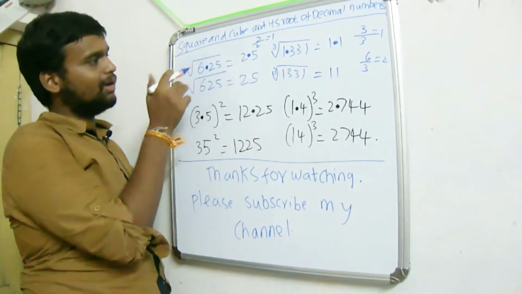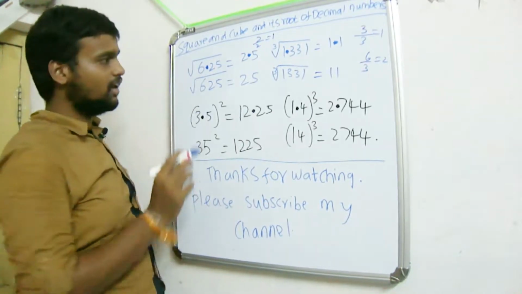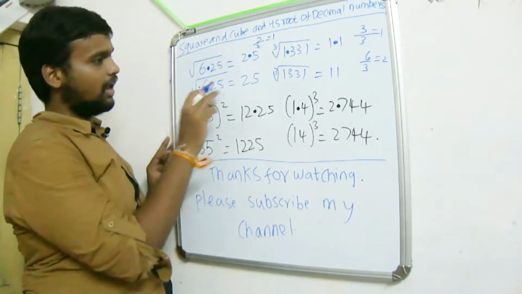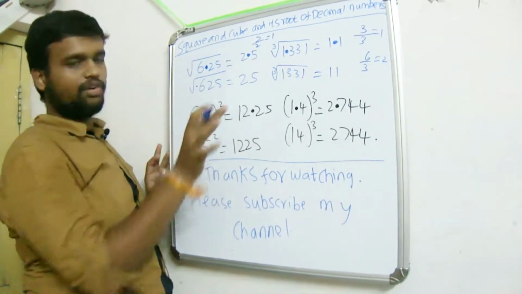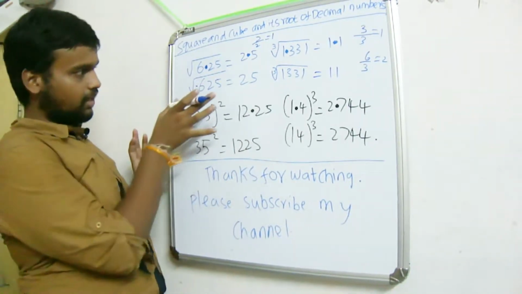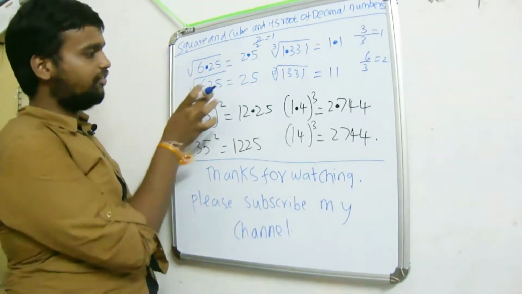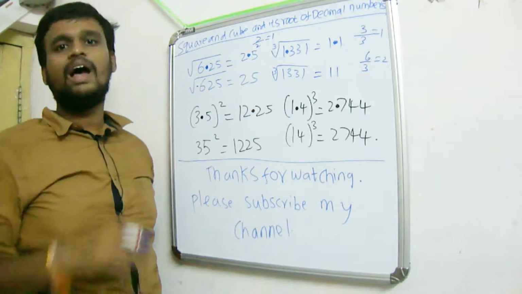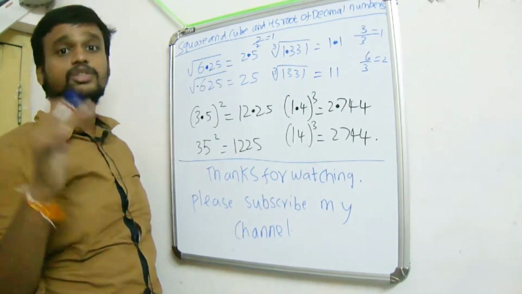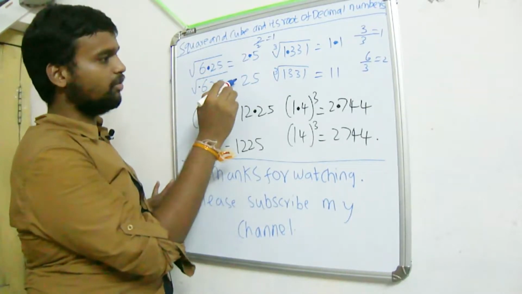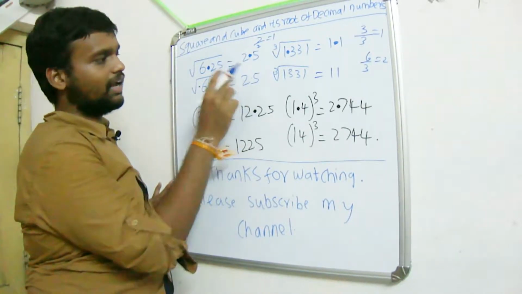For example, if you have 0.625, there is no square root for this. You might think 625 has a square root, but for 0.625 there is no square root, and a perfect square won't be available. 0.625 would not give you 0.25 or 2.5, neither of those.